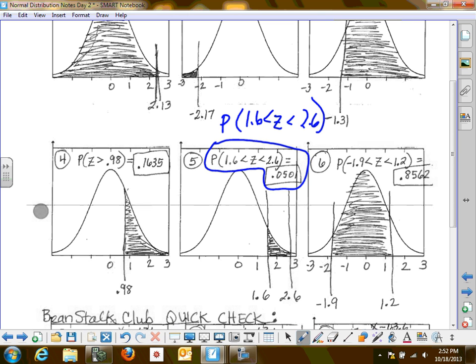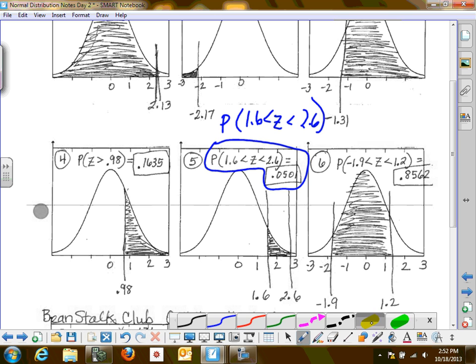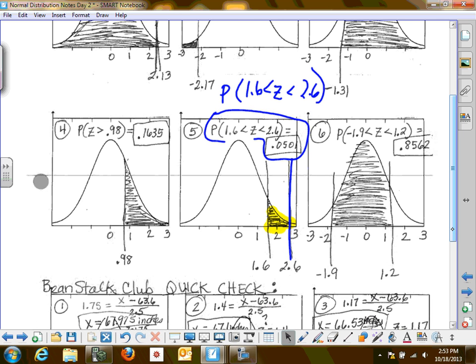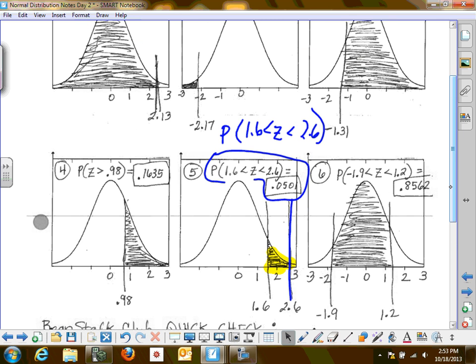And so then you took this entire area below 2.6, so you found that value on your chart, the entire area below 2.6, and then you subtracted off the entire area that is below 1.6, and that leaves you with what's left. Okay? All right, and then that's the same thing you do for number 6 to get your 85.62%. Now, last thing is for me to show you how to do these on your calculator.